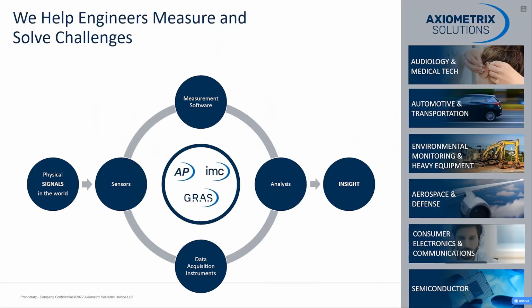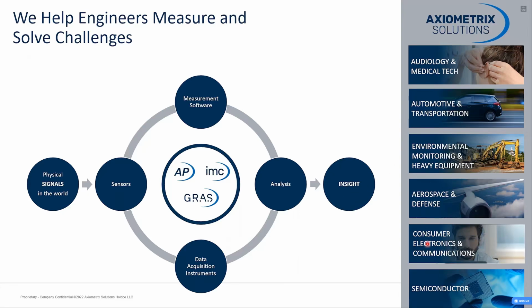The idea is that with solutions provided by these three brands, engineers and technicians can capture signals that are out there in the world with sensors such as measurement microphones from GRASS, for example, and then you can use measurement software and data acquisition systems like the software and data acquisition system provided by AP and IMC to analyze these signals and gather some insights based on your findings.